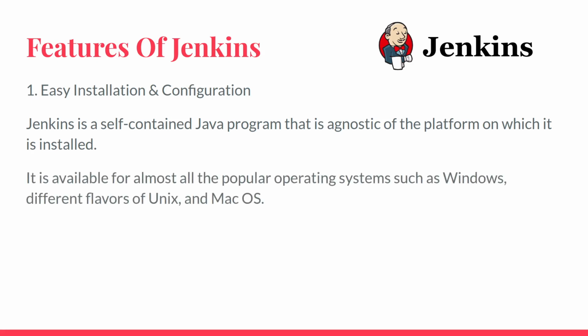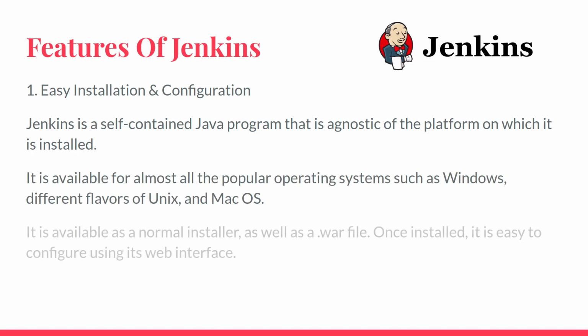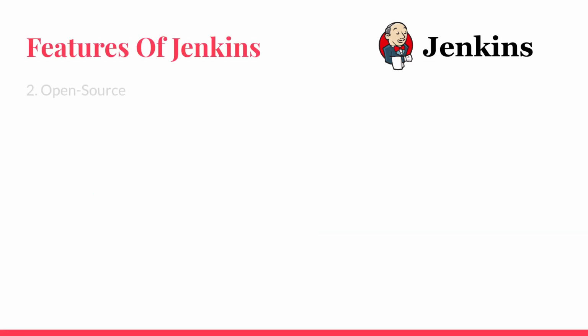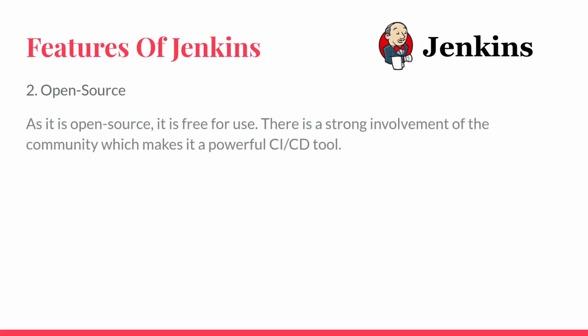It is available for almost all the popular operating systems such as Windows, different flavors of Unix, and Mac OS. It is available as a normal installer as well as a .war file. Once installed, it is easy to configure using its web interface.